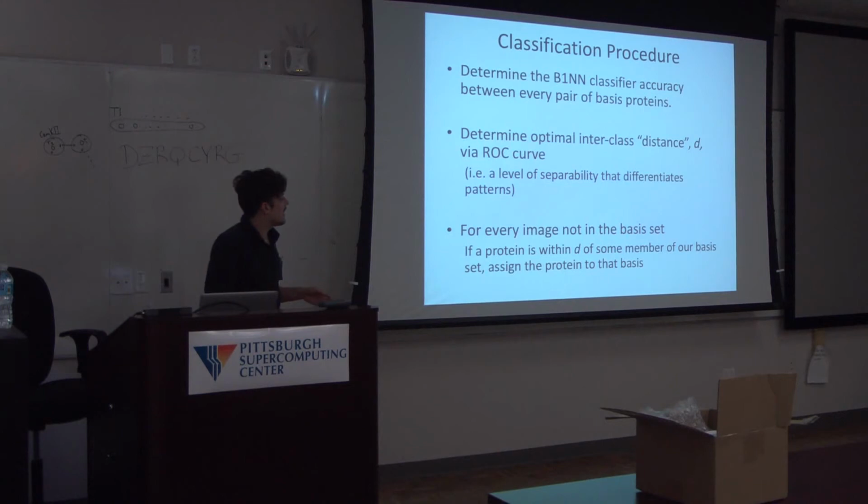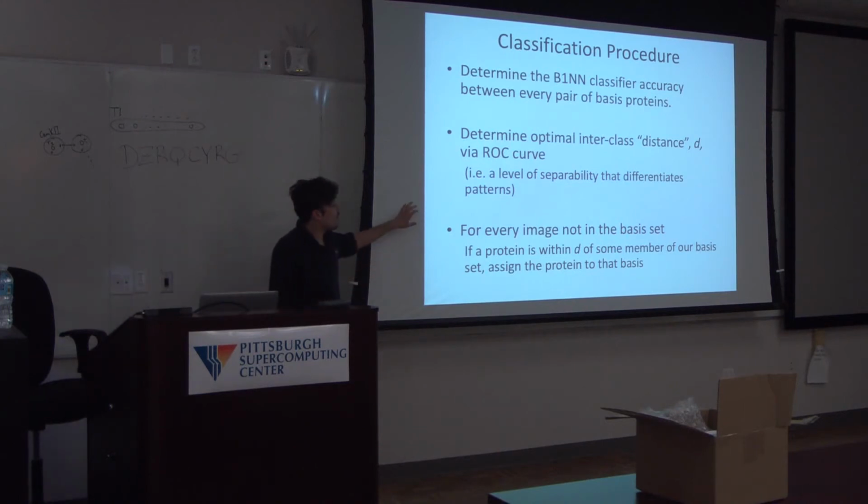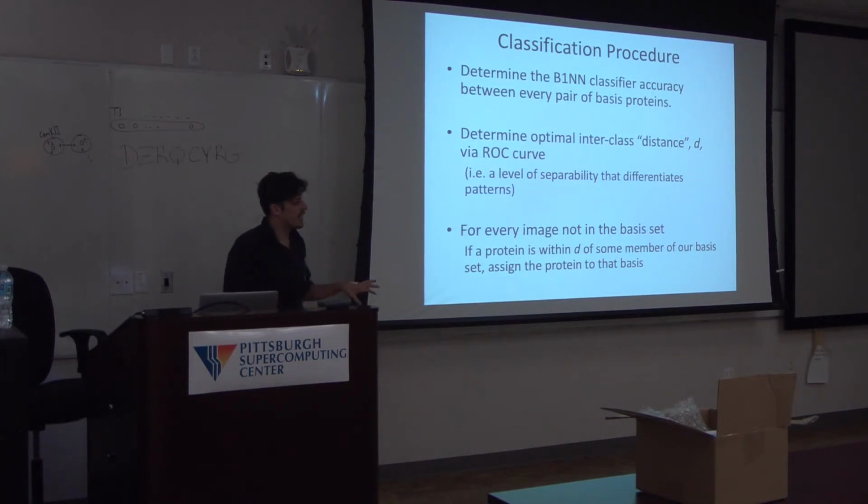So it basically said how far away are images of this protein type and this protein type, and that halfway distance defines a threshold, and if you're within that threshold, you're assigned to that particular protein pattern.